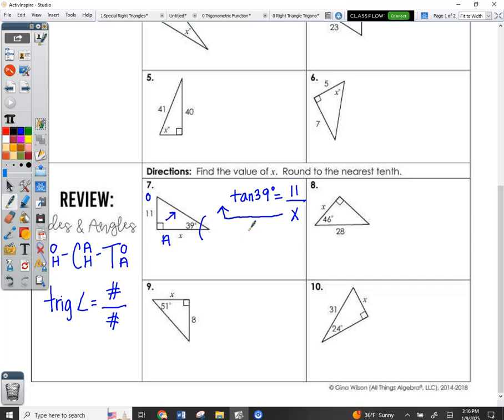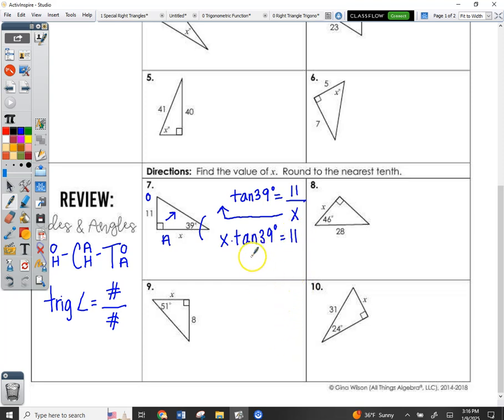So this is almost like a turn signal. I call it an elbow arrow. You're giving yourself the visual cue. I'm going to multiply this because the opposite of division is multiplication. I'm going to multiply this over here to the front. Now, I could write it right here, but I'm just going to come down here and write it again. So that gives me x tan 39 degrees equals 11.